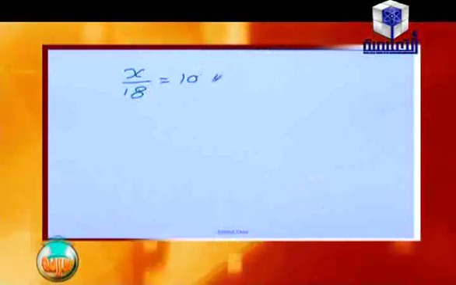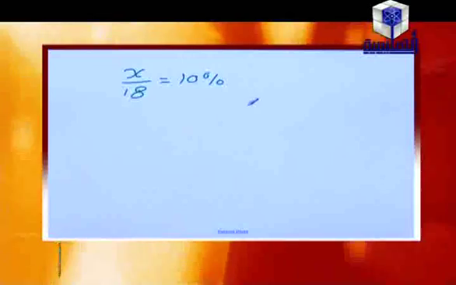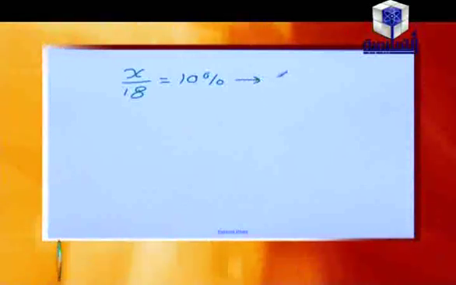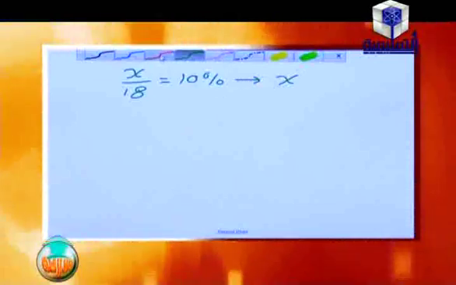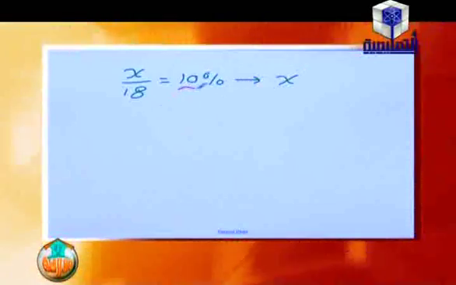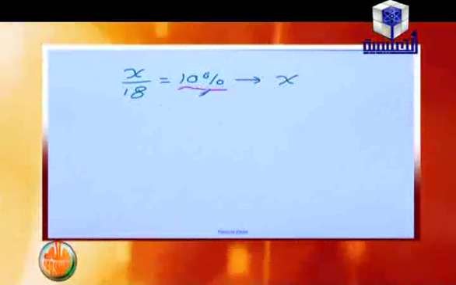Then what is the value of x? X over 18 equals 10%. To solve this problem, we have to convert 10% to a fraction, 10 over 100.